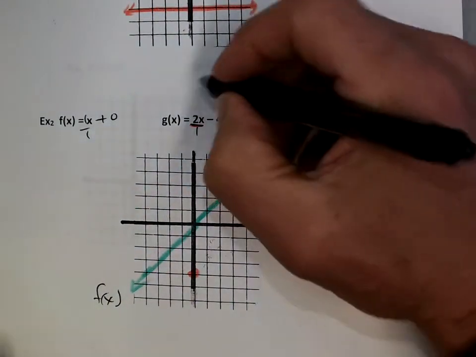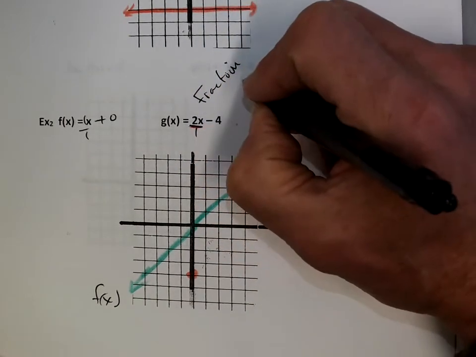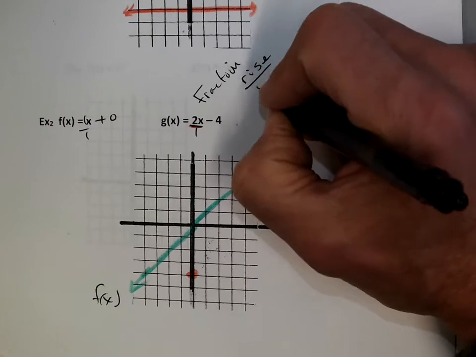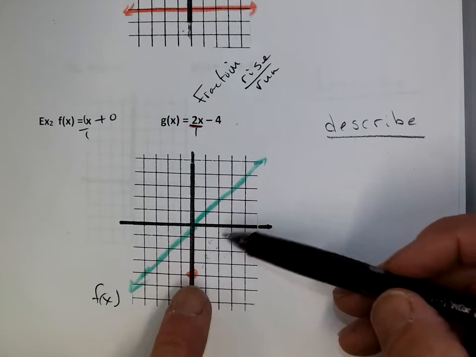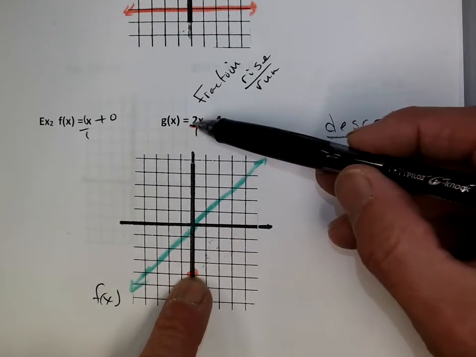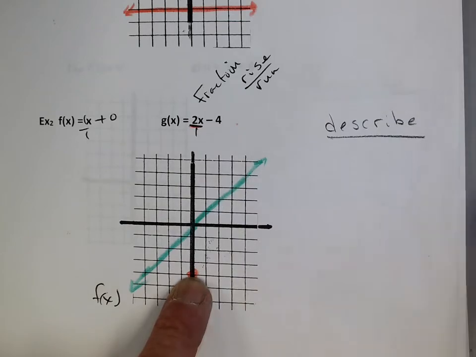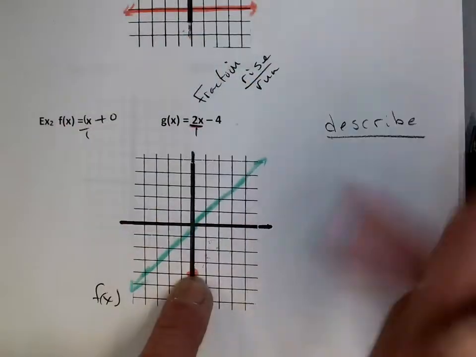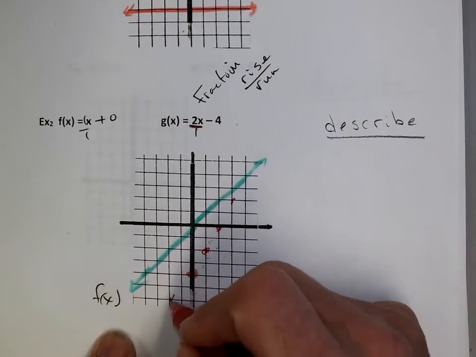I like a fraction there because slope is rise over run. So I like a fraction there because the fraction helps me. Slope has to be a fraction. So I'm going to start at -4, and then I'm going to go up 2 over 1, up 2 over 1, up 2 over 1. And there's my line.